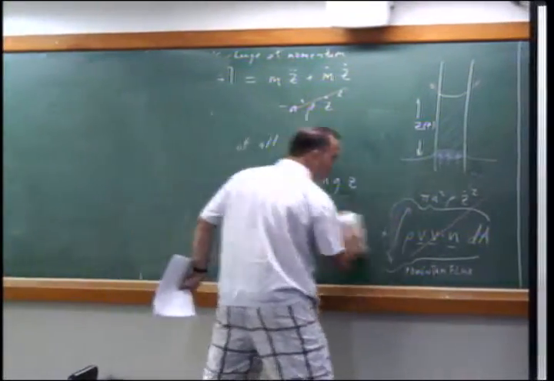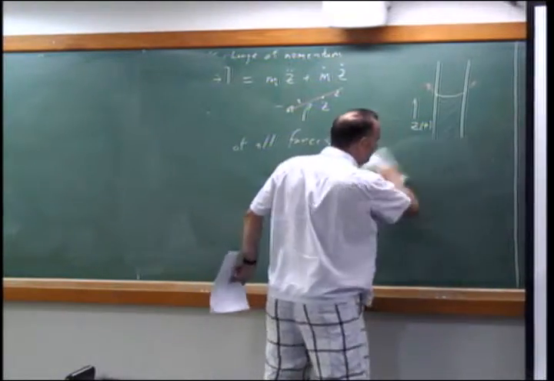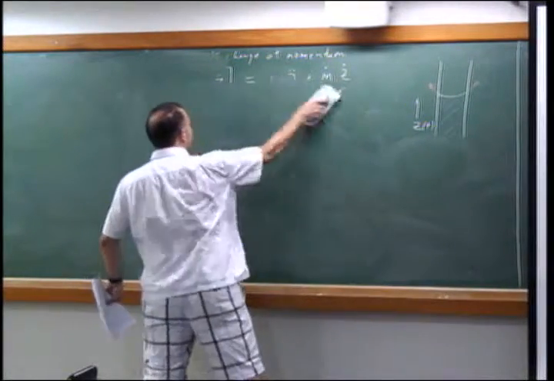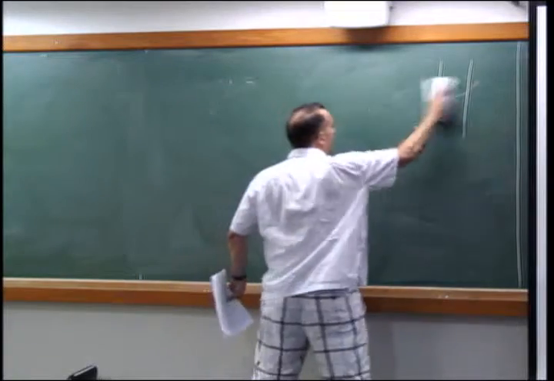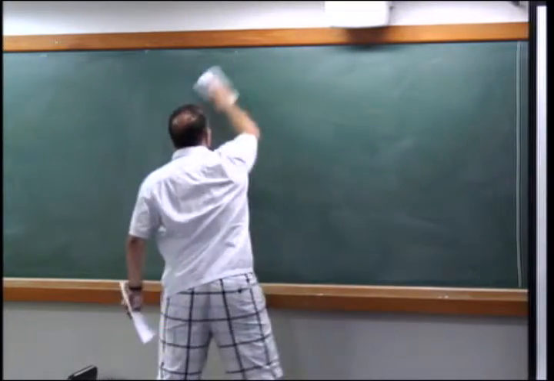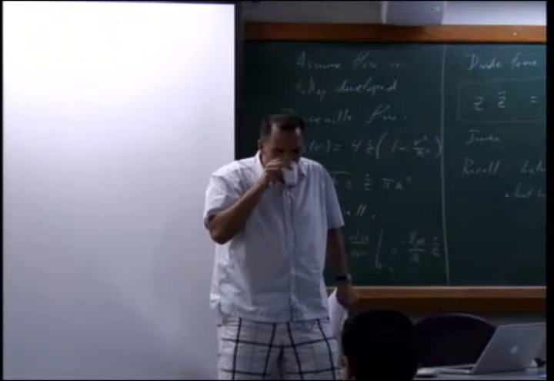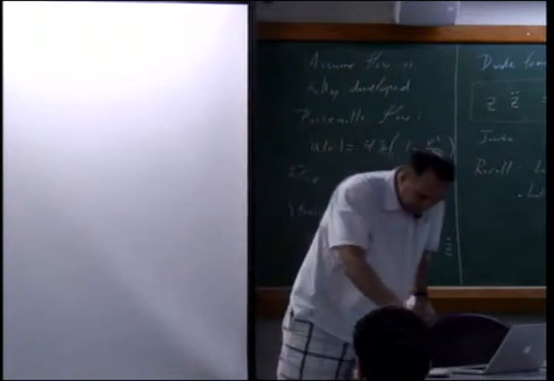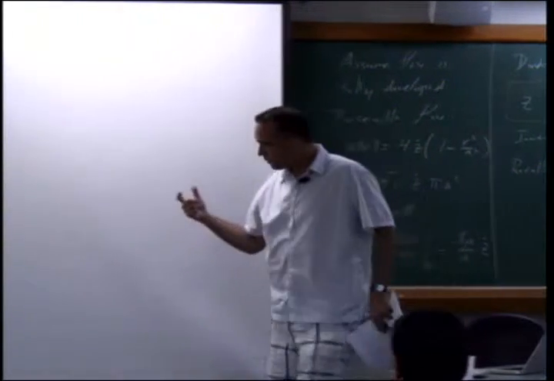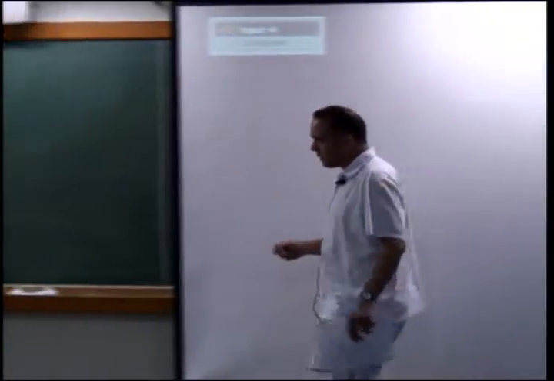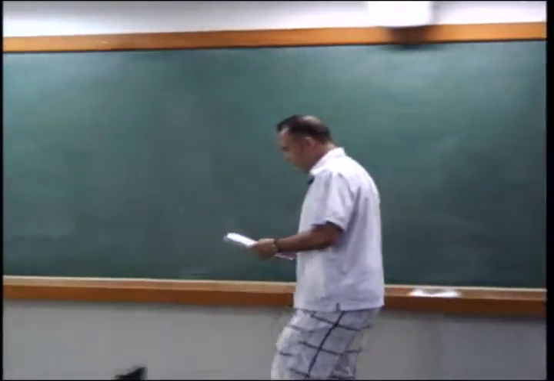We expect there's going to be a time scale for viscosity to diffuse across the tube. If we think of dynamic viscosity as being a diffusion of vorticity, then we know that time scale is going to be the tube radius squared divided by the viscosity.